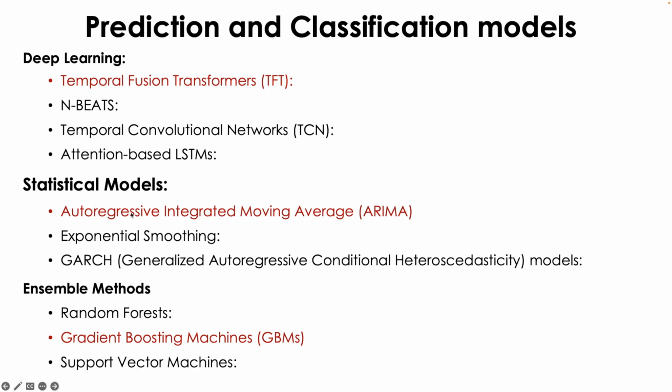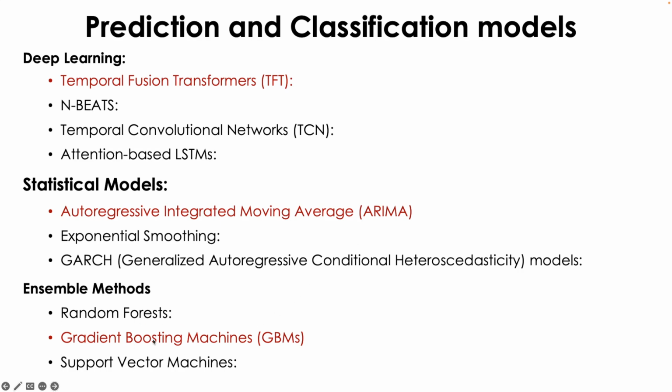And then ARIMA is a very popular time series prediction model, right? Temporal fusion transformers can do both classification and regression. ARIMA can do regression, and I think you can find a way to change the regression model into classification, just like we saw with the bins.